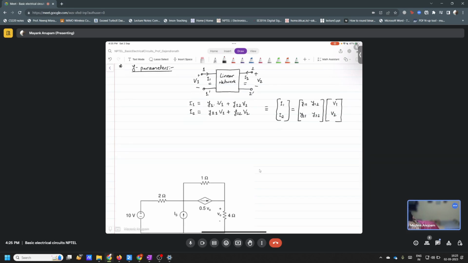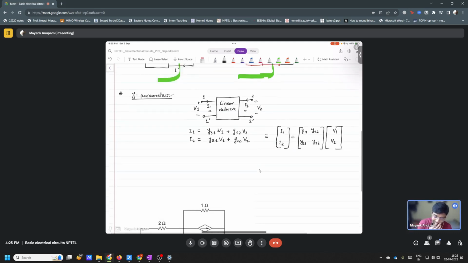While finding the Y parameters, you inherently assume that the network is excited not by a current source but by a voltage source. Please mind it, this is very important. Here the dependent variable is the current, whereas the voltage is the independent variable.